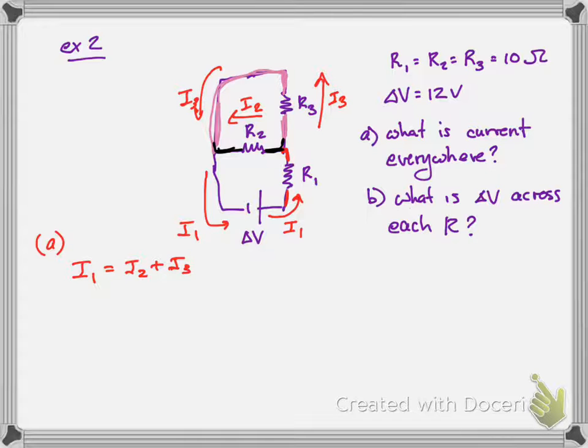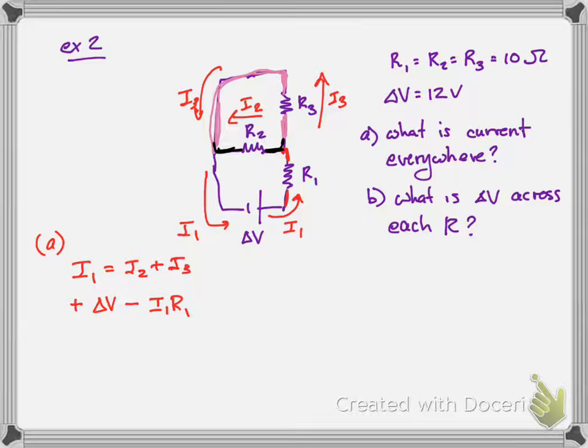Now the loop rule. Again, you can start anywhere, but I'm going to start at the power supply and go counterclockwise around the bottom. Meaning, if we go from the minus plate to the plus plate of the potential difference, we call it plus delta V. Then we're following the current through the resistor, so the resistor uses up potential energy, so we've got minus I1 R1.